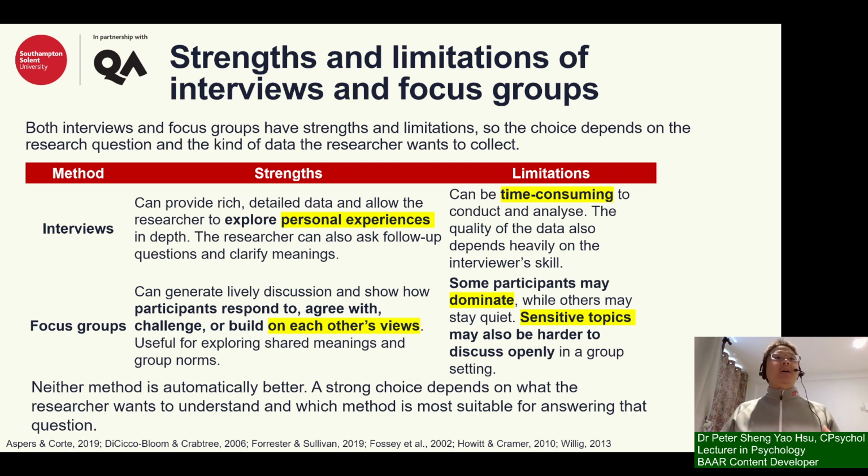For example, if the research question is about how mature students experience confidence, academic identity, financial pressure, or guilt about balancing study and family life, an interview may provide a more private and supportive setting.